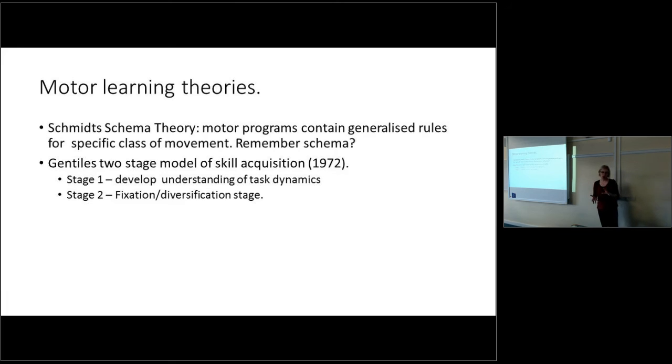And there are lots of theories about motor learning, and really we're going to look at Gentile's two-stage model of skill acquisition, because that is used. It comes from sports physiology, and a lot of the theory about motor learning comes from that background.